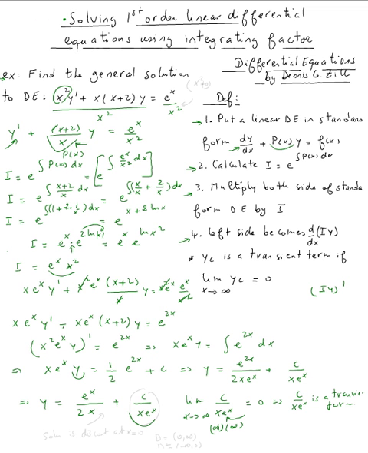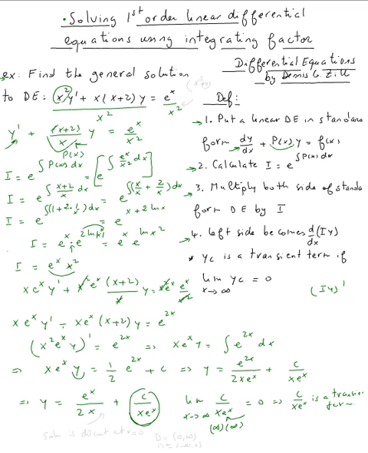So if they ask you, is there a transient term? Yes, this term of the solution is a transient term. What else? Also, if you've been asked to find the domain of y of x, in this case, you can see x cannot be 0.